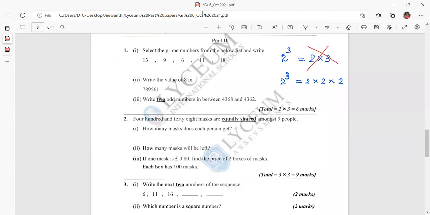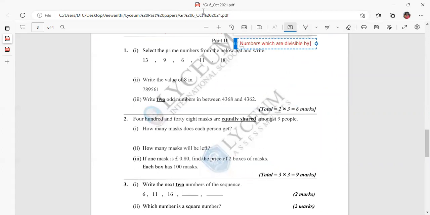Right. Now see children. So then you have a question from the prime numbers. What are prime numbers, children? Prime numbers are numbers which are divisible by what? Divisible by only one and itself, right?